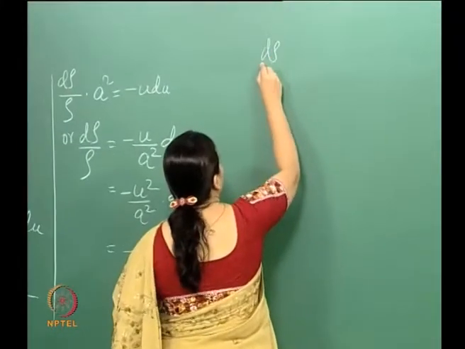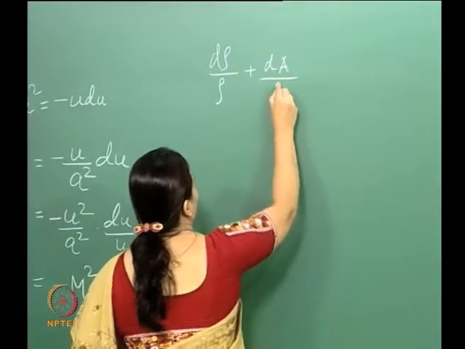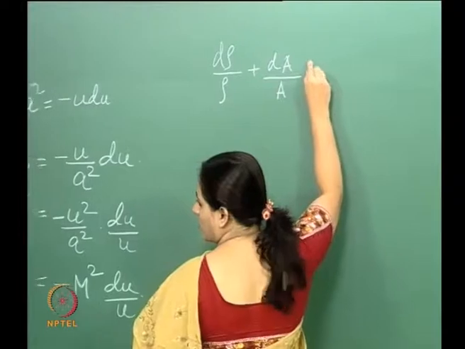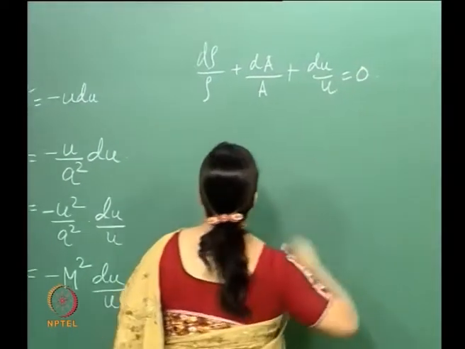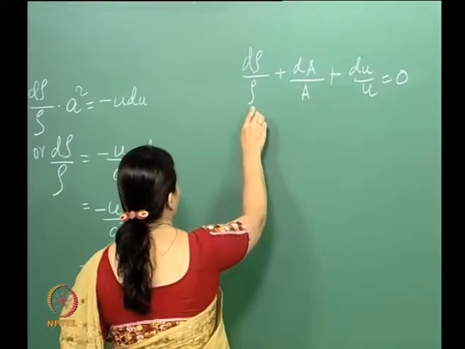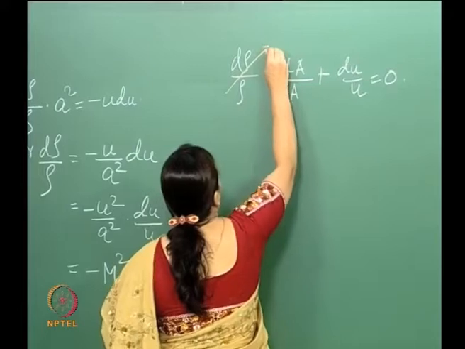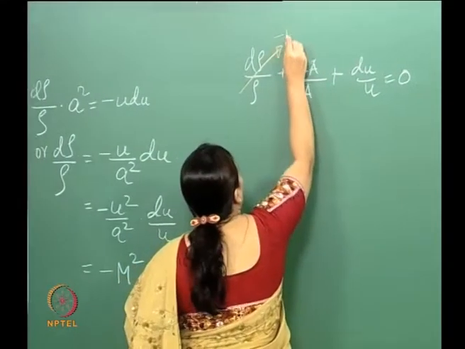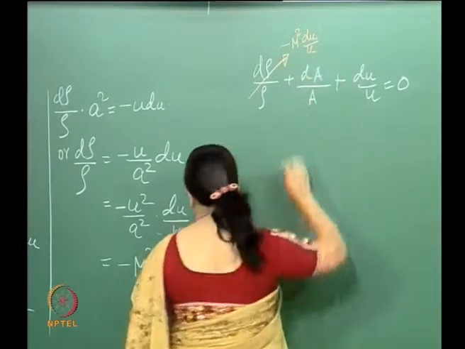So, we have this d rho by rho plus dA by A plus du by u is equal to this, right, and we found out an expression for this. Now, this is something that we can write as minus M square du by u.